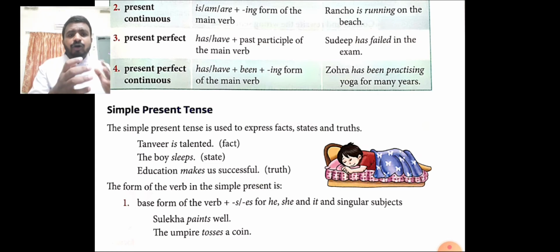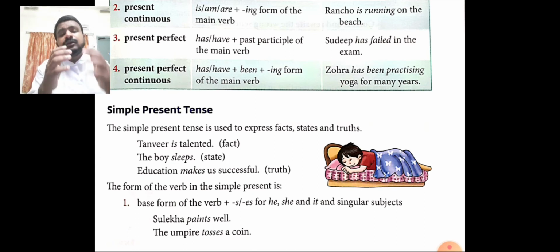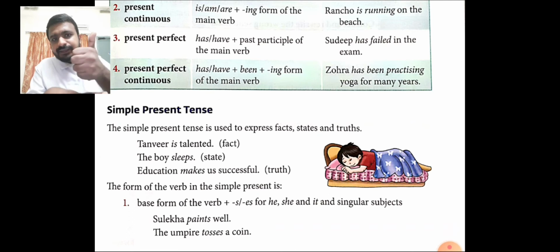Now, what is the form of the verb in the simple present tense? We always use the base form of the verb. Then we need to add s or es for he, she, and it plus the singular subjects. For example, Sulega paints well.